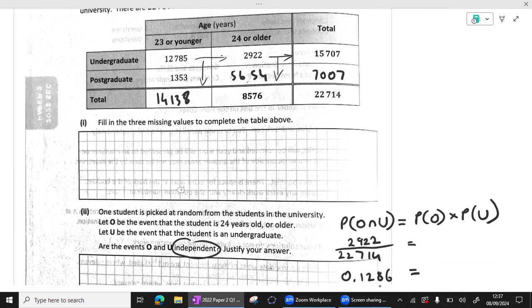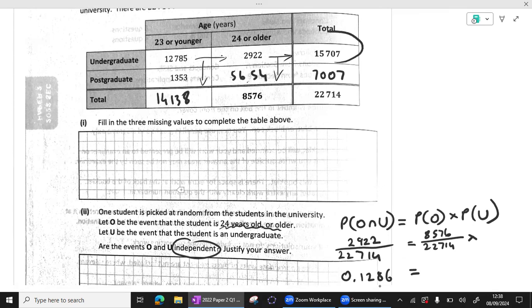Okay, so what's the probability of a student who's 24 years old or older? Now this is obviously with no restriction. So the total for my 24 years and older is 8,576 over the total, 22,714. And then what is my chance that the student is an undergraduate? Now that's in total.